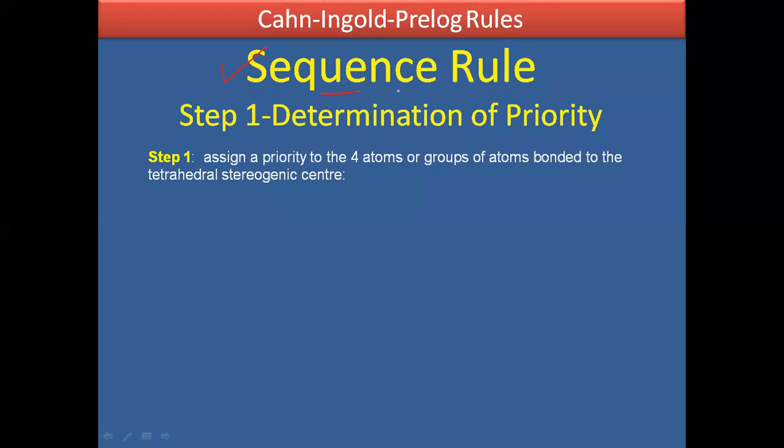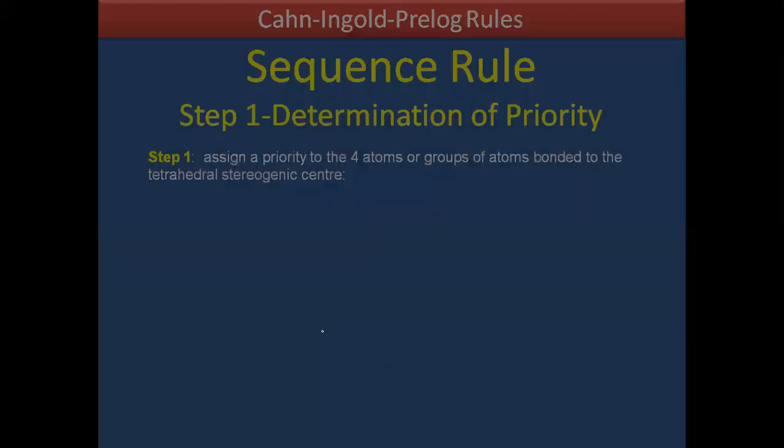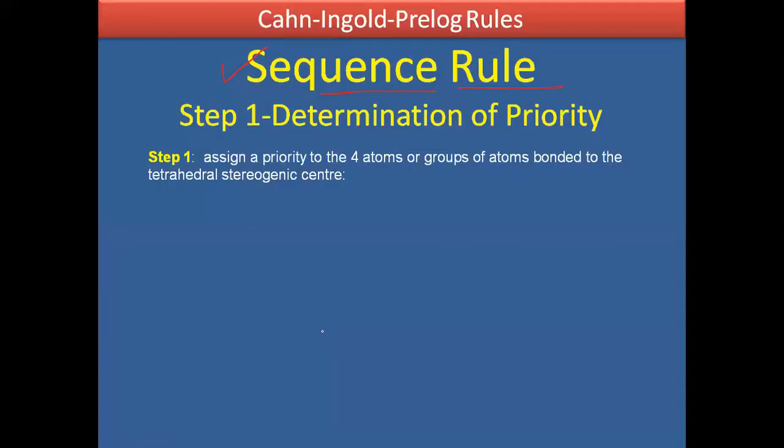Here sequence means assigning priority to the four different groups attached to the asymmetric carbon atom. That rule is called the sequence rule, the sequence of whatever groups are attached to the asymmetric carbon atom. There are some steps involved in determining priority.